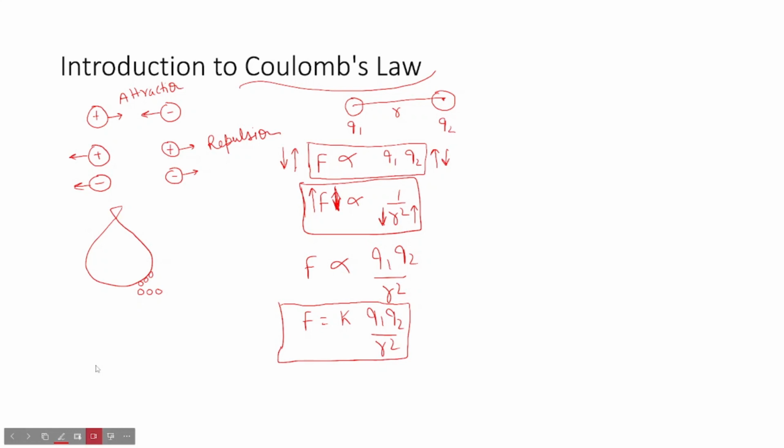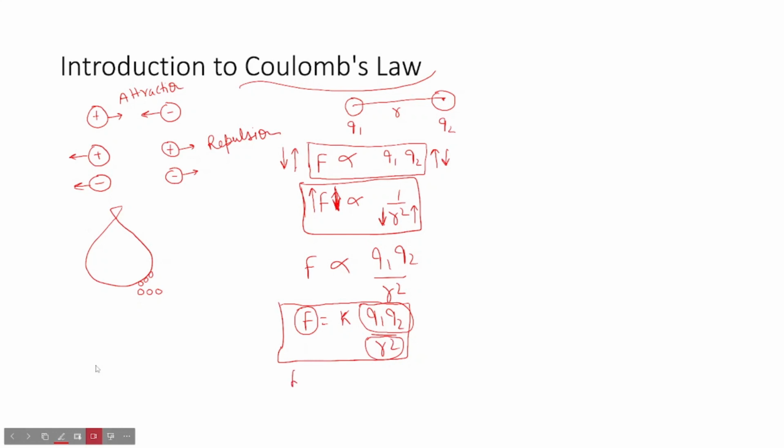Let us talk about the terms used in this formula. F is the force of attraction or repulsion. Q1, Q2 are the magnitudes of two charges, and R is the distance between the two charges. Now, what is K?